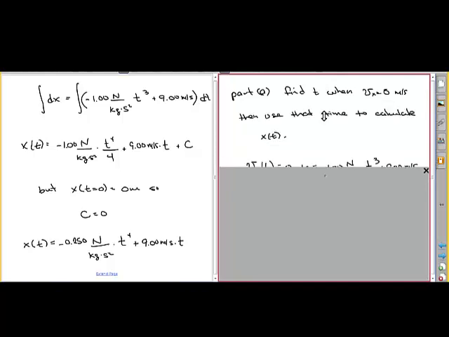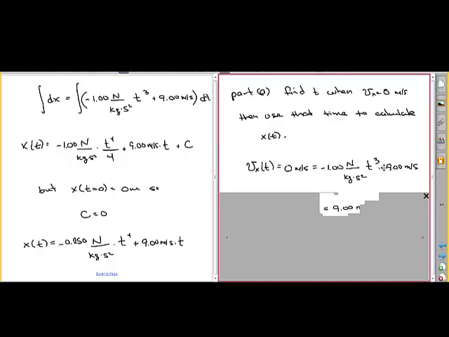So you take the value of velocity, in this case not the displacement, but the velocity, and you say, okay, at what time is the velocity as a function of time equal to 0 meters per second? Because what's going to happen is it's going to go 9 meters per second, slow down until it gets to 0, and then go backwards the other direction. So I set v sub x equal to 0, and I solve for the value of t where that happens.